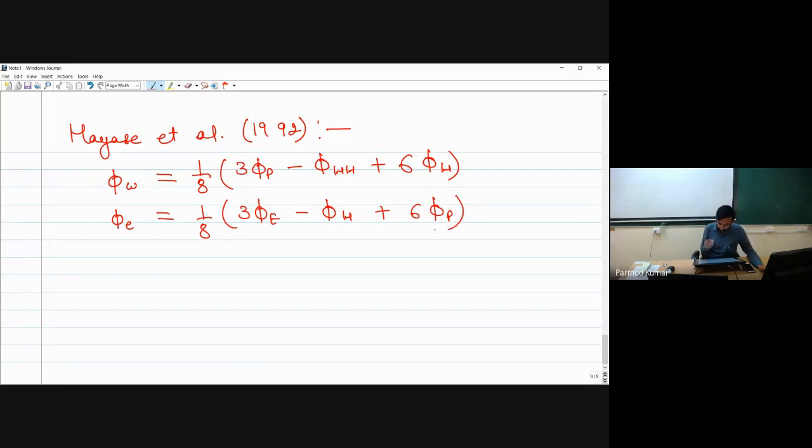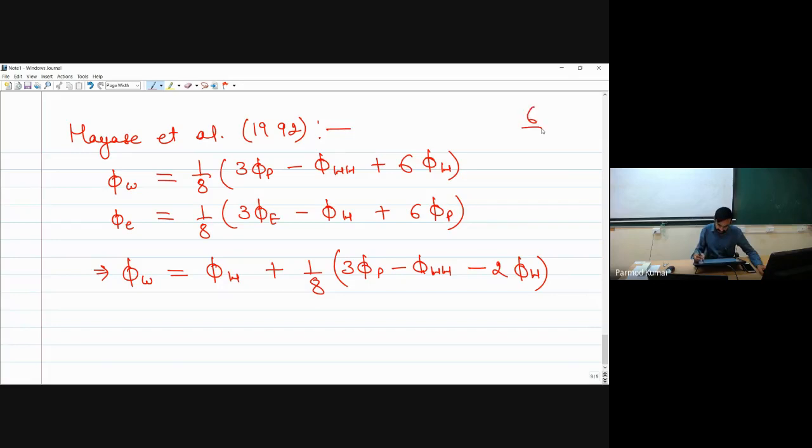Now, can I write this first equation, phi W, as equal to phi W plus 1 by 8 into 3 phi P minus phi WW minus 2 phi W? Can I write it?